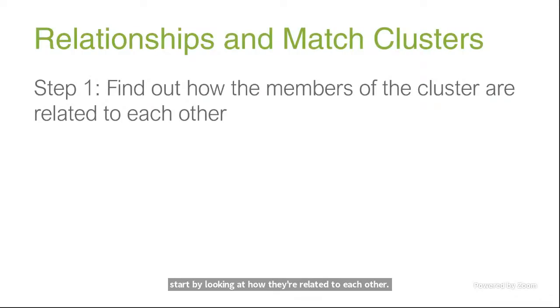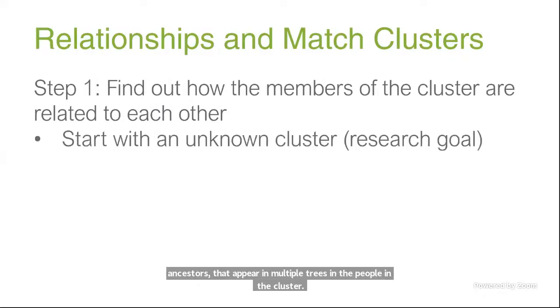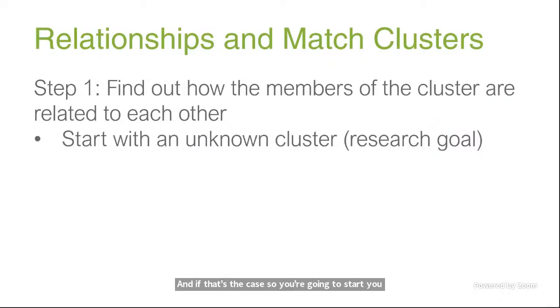So there are two big steps with working with these unknown clusters. The first one is you explore the cluster, take each of the people in the cluster, look at their trees and see if you can find an ancestor or ancestors that appear in multiple trees in the people in the cluster. You've got that unknown cluster, hopefully on your research goal.